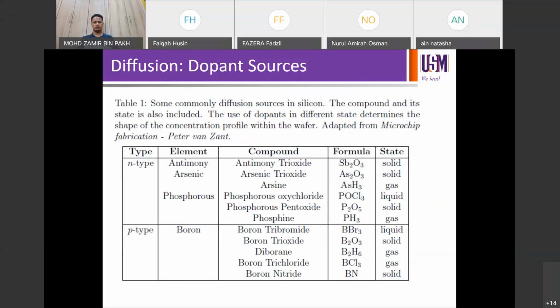If you look at phosphorus, the most common one is phosphorus oxychloride, POCl3, or we normally call it POCl, or phosphorus pentoxide, or P2O5, or even phosphine PH3, right? So if you look at boron, the source can be from boron tribromide, boron trioxide, diborane. Diborane is a commonly used one. In Satara, they use diborane, B2H6, and arsine, and phosphine, and I think POCl as well, if I'm not mistaken.